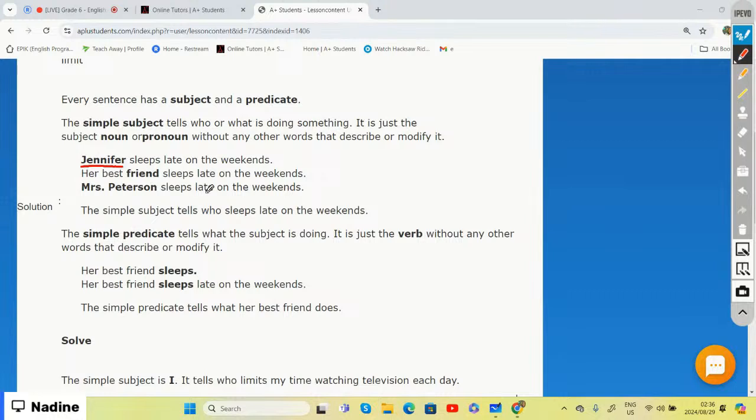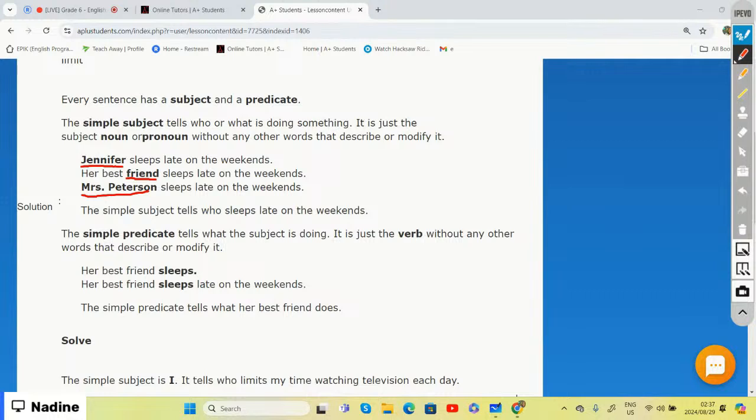Then it says her best friend sleeps late on weekends. And remember, we said not with all the other words, just the noun or the pronoun. So we will say it is friend. Mrs. Peterson sleeps late on the weekends. And we will say Mrs. Peterson.